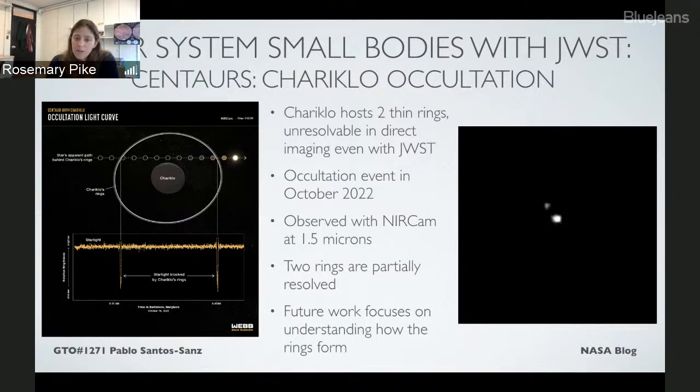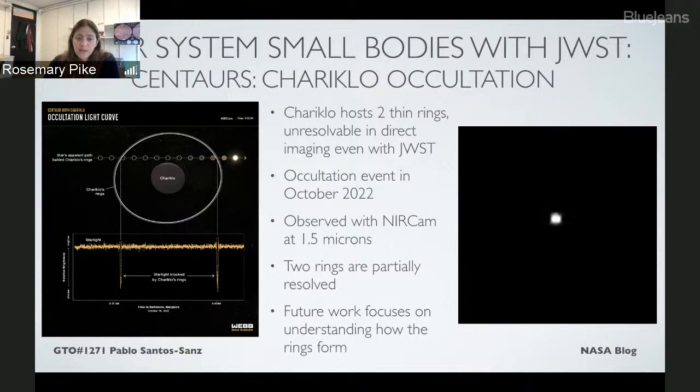And there's going to be a lot of work in the future looking at this carefully to try to understand how the rings form and how long-term stable they are. Most likely the rings are composed of particles that are water ice from the surface of Chiriclo, and then a dark material from debris from some body that collided with Chiriclo in the past. But of course, we don't expect the rings to persist forever.